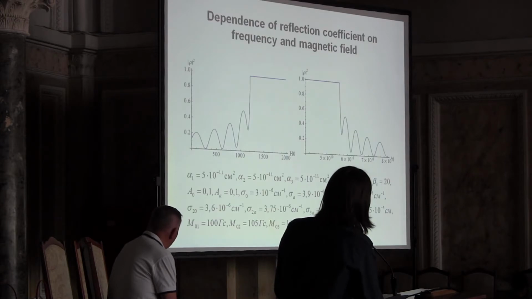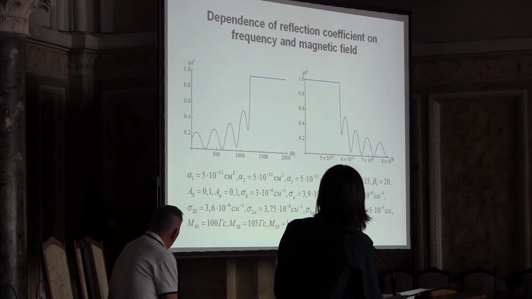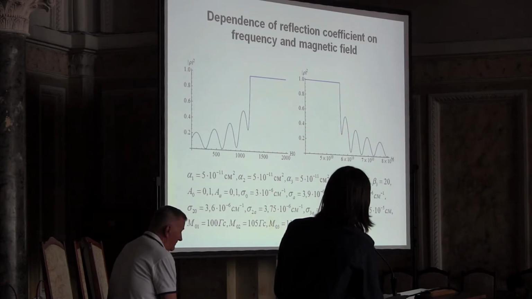So let's see graphically the dependence. Here you can see the dependence of the reflection coefficient on frequency and magnetic field. Here you can see some peaks, which are due to interference from two waves.